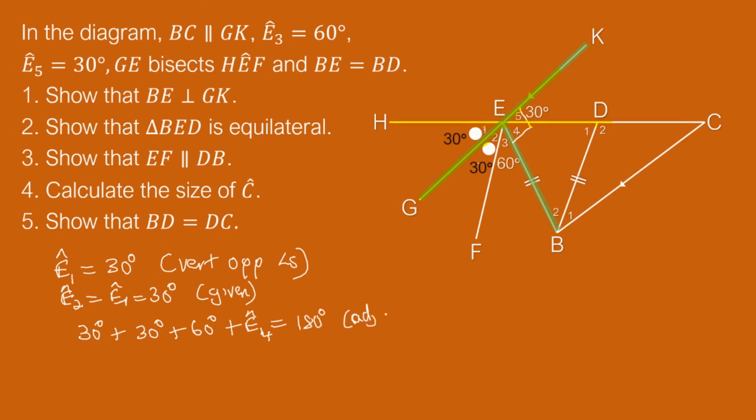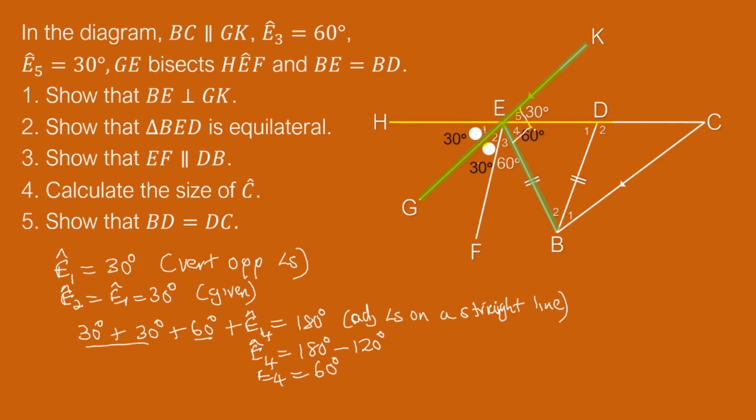Now we can find angle E4. This is 60, 120. So E4 is equal to 180 degrees minus 120 degrees, meaning that angle E4 is equal to 60 degrees. So this is 60 degrees.